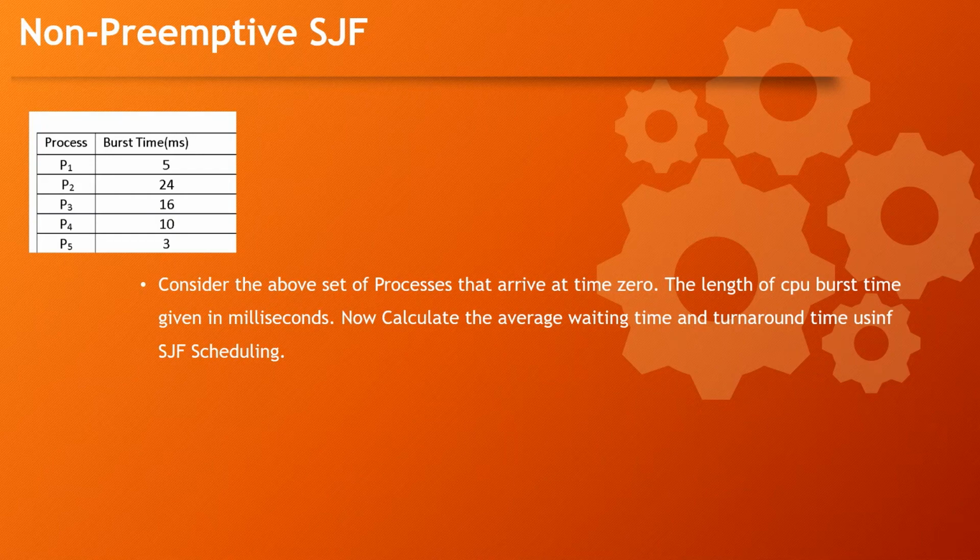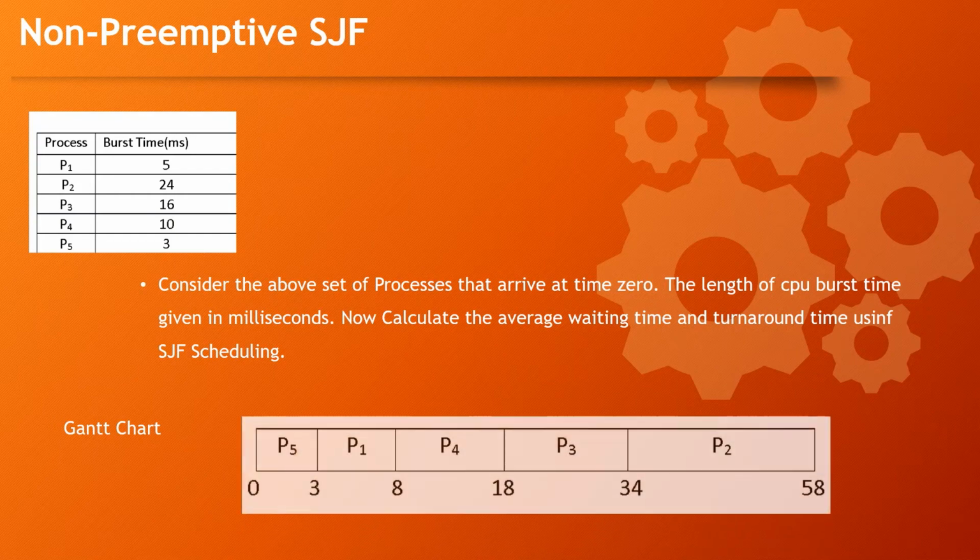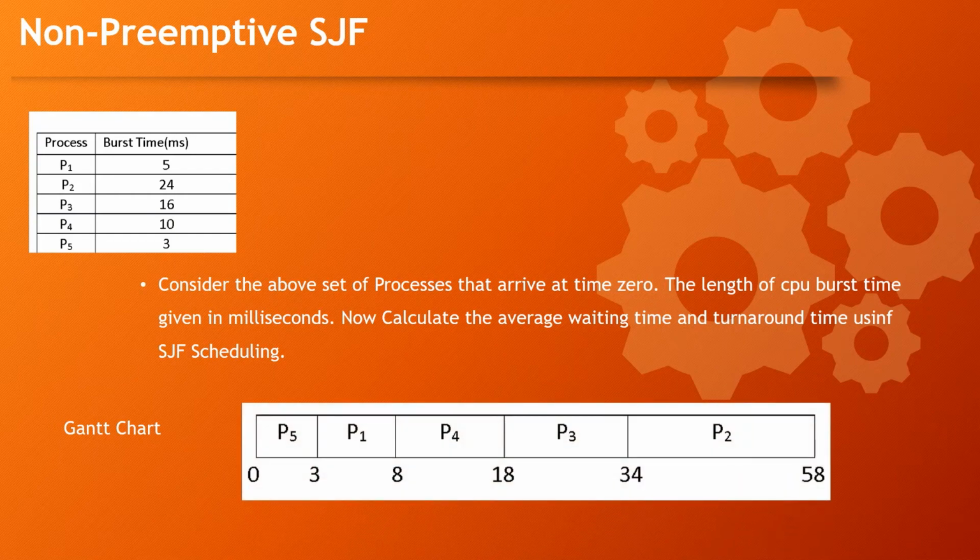Before calculating the average waiting time and turnaround time, we always put a Gantt chart, similarly as in FCFS, first come first serve. But here the Gantt chart is something different. It doesn't start with P1, because SJF tells us to choose the shortest job first.